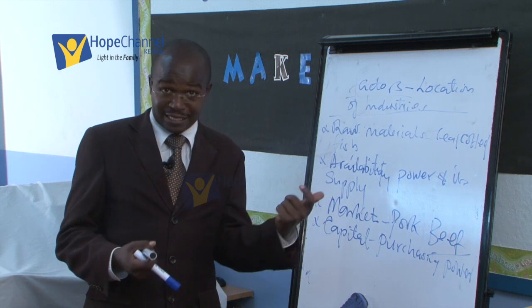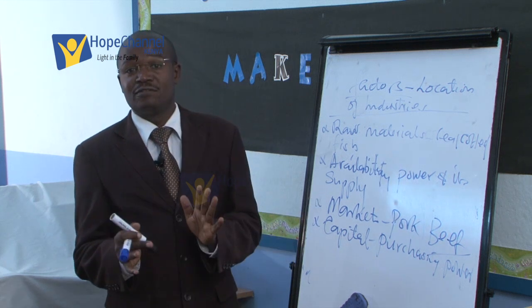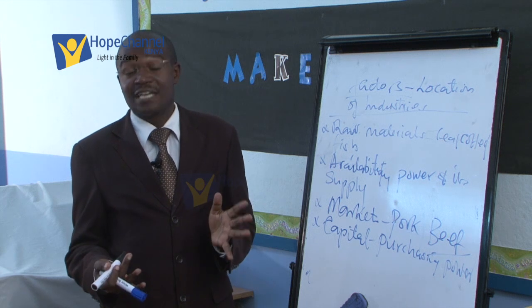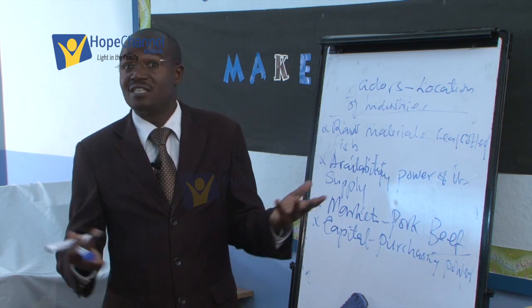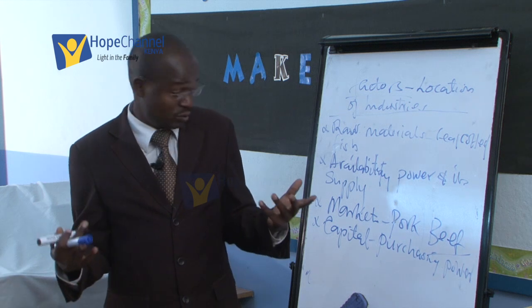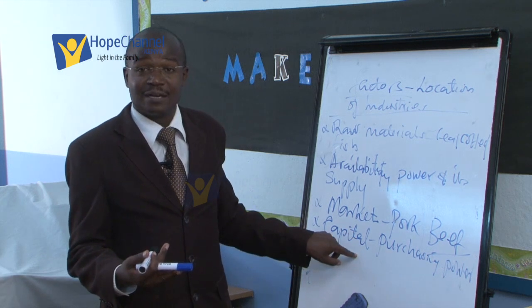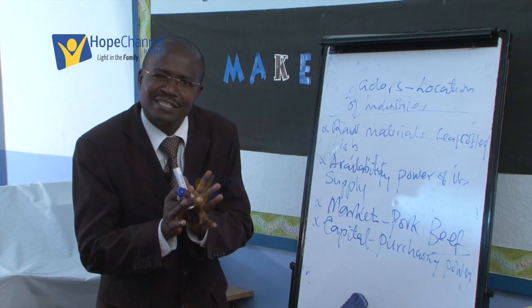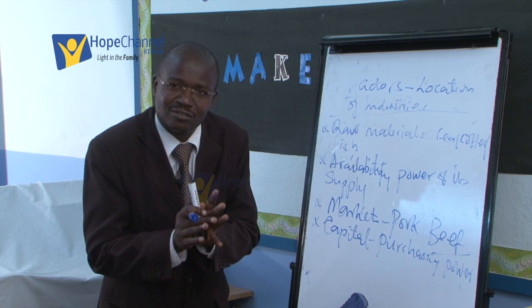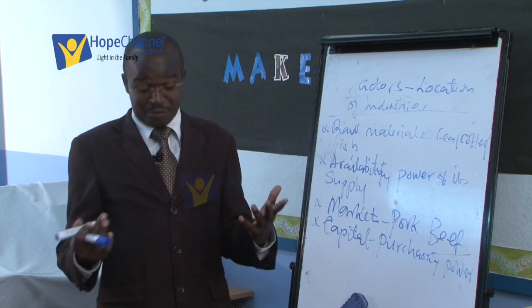It can be cash, and it can be in terms of the facilities you have. It can be a building, vehicles, or machines that you have inherited or loaned or bought. So you have to look at the capital. If, for example, you want to start a shoe making industry, do you have the machines that are used for shoe making, or you just want to start simply because people are starting?